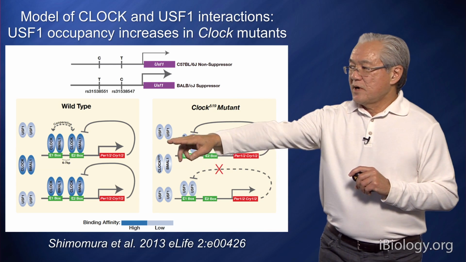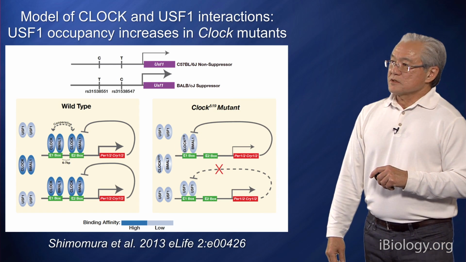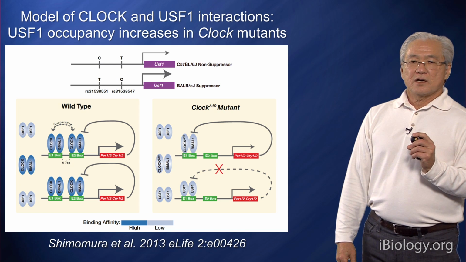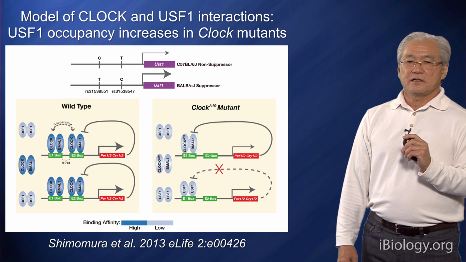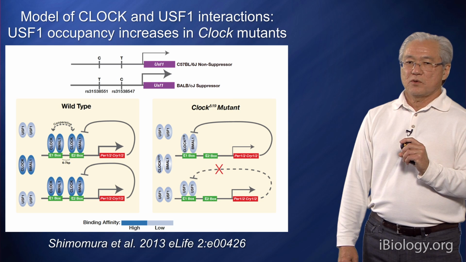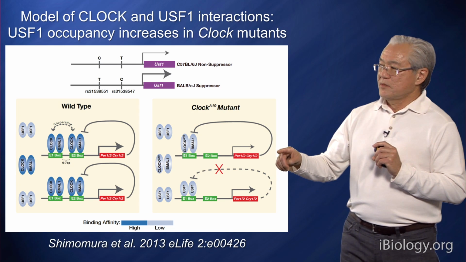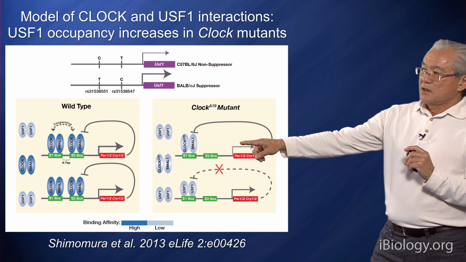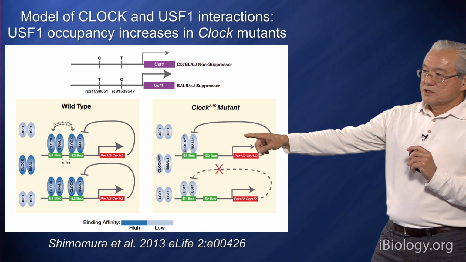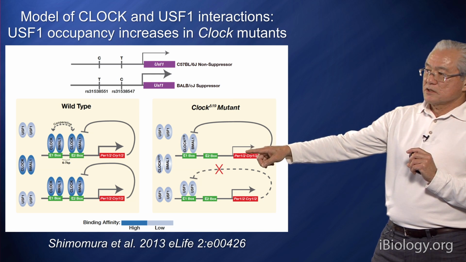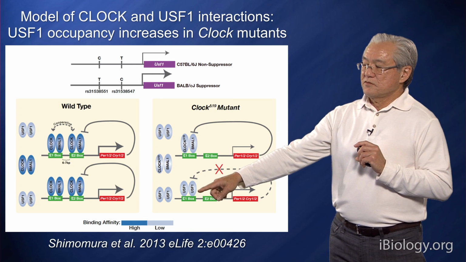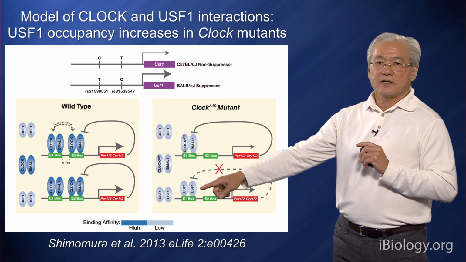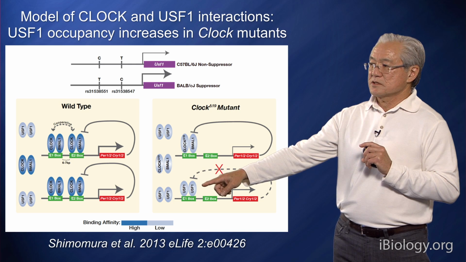In wild-type mice, this doesn't really make much difference because the affinity of clock B-mel is so high that USF1 doesn't compete very well with clock B-mel. But in the clock mutant, shown here, clock tends to bind as a single complex. The affinity is lower, and so USF1 can occupy or compete for the same E-box sequences.